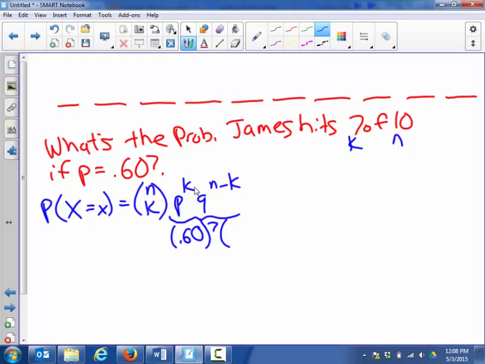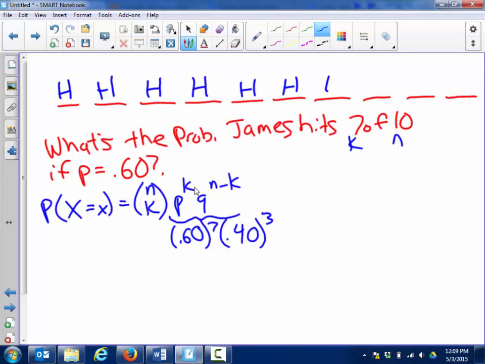So he's a 60% free throw shooter. We're going to multiply that together 7 times. And then what's left, q, that's 40%, his probability of missing, to the 10 minus 7, that gives you 3, okay? So this portion below the bracket that we have written gives you the probability of him making 7 of 10 a single particular way.